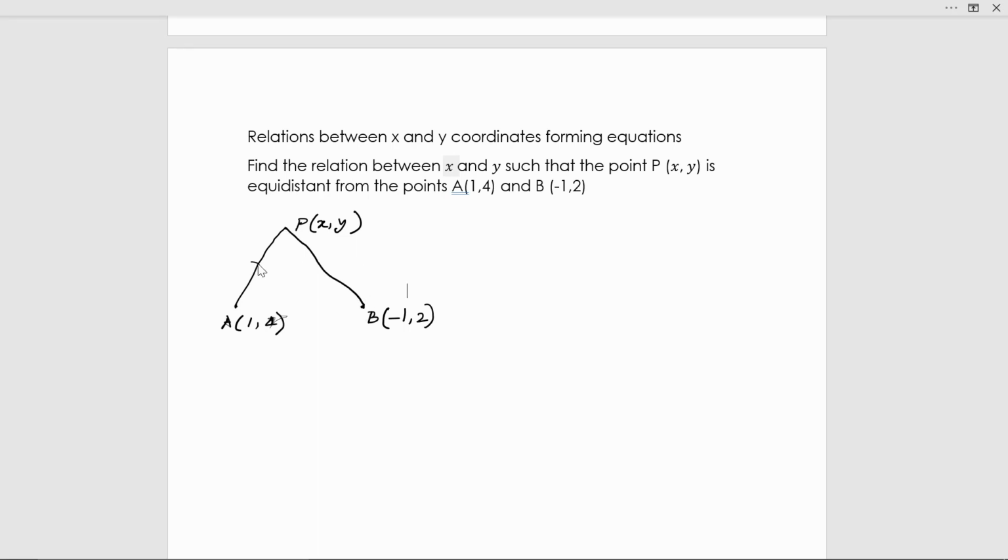So basically PA is equal to PB once again. That is, P is equidistant from point A and point B.